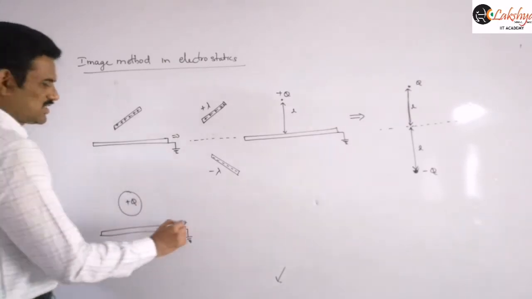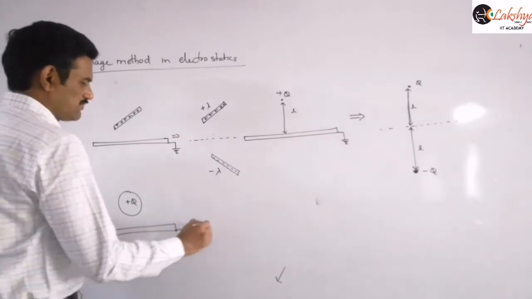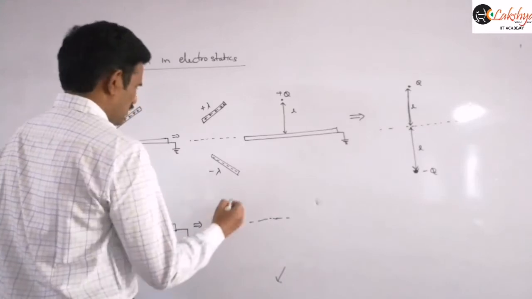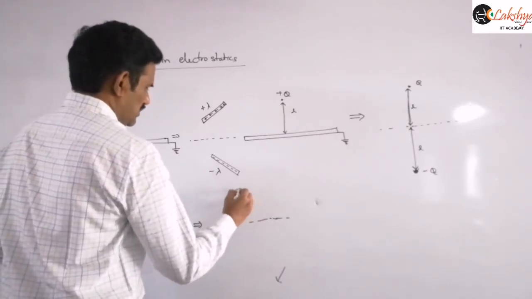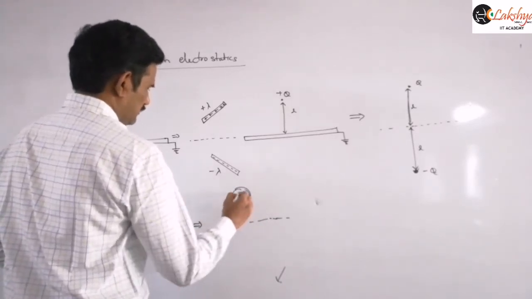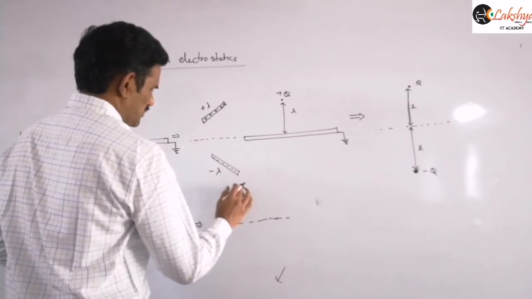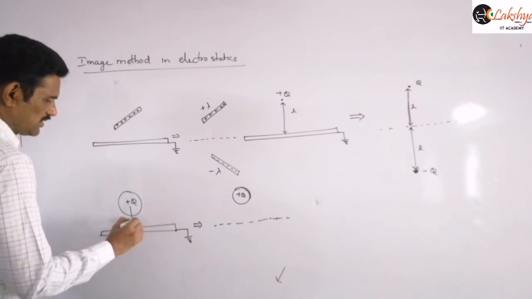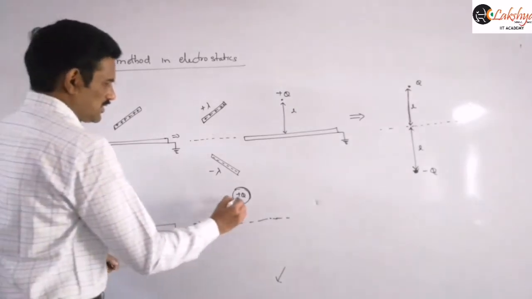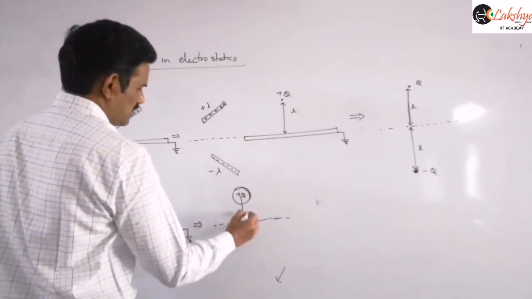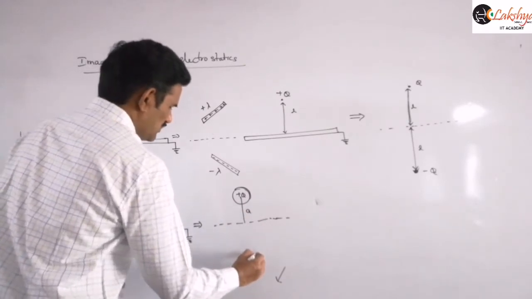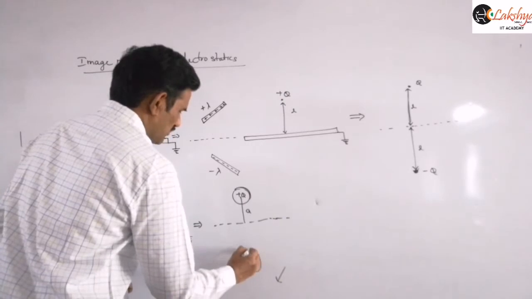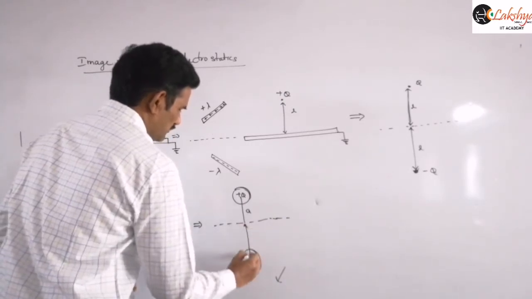Now the given charge configuration we can convert as, so just this is a sphere. Let us say it is having plus q; here the distance from the center is a, then its image will be at the same distance a from the plane, having the opposite charge minus q, and the distance from the center will be again a.